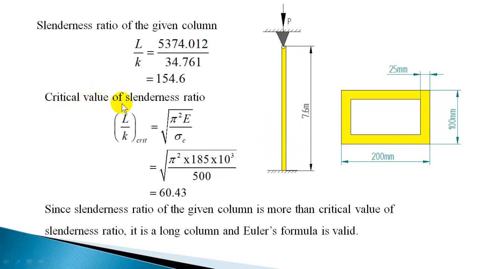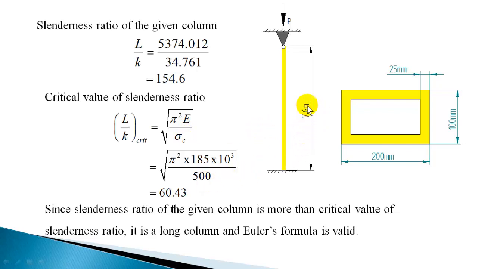Now the critical value of slenderness ratio you should calculate based on the material property. You know the Young's modulus and yield stress of the material. The critical value of L by K is given by root of pi square E by sigma C. Pi square into Young's modulus, given as 185 into 10 raised to 3, and sigma C, the yield stress of the material, is given as 500.